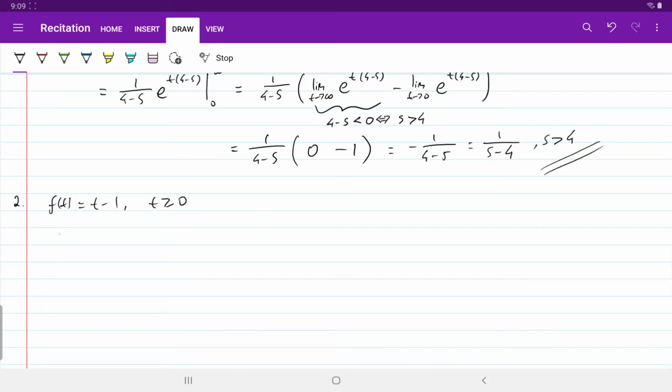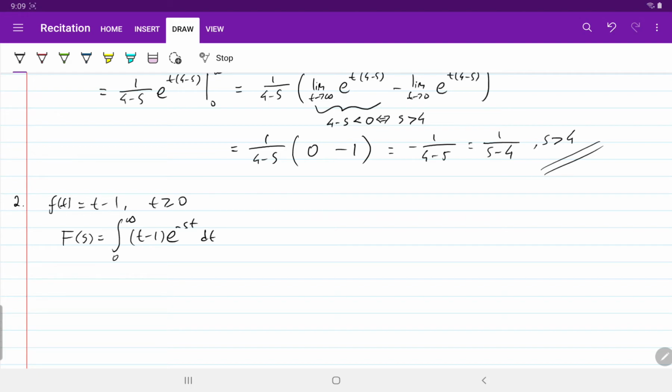Alright, again, let us apply the definition of Laplace transform. So it is the integral from 0 to infinity, and f of t is t minus 1, times e to the power minus st dt.